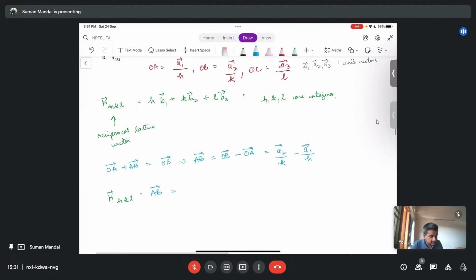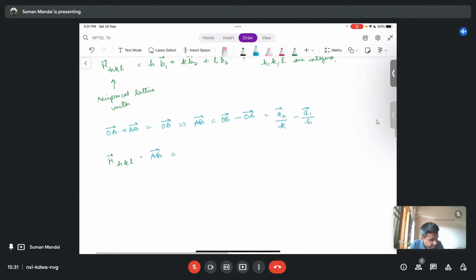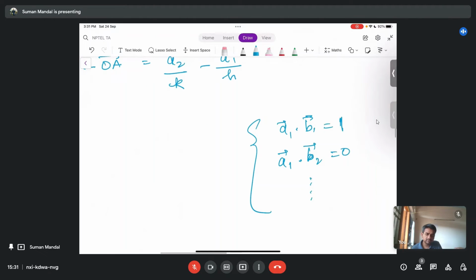We see that we have K here, so we know that A1 dot B1 is equal to 1, and A1 dot B2 is 0, and all this. So A1 dot B1 is 1, A2 dot B2 is 1, A3 dot B3 is 1, and the cross terms are 0.